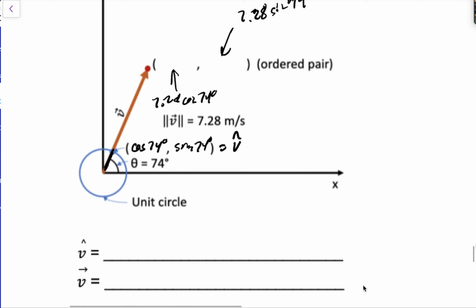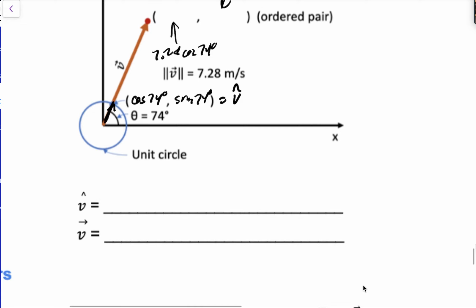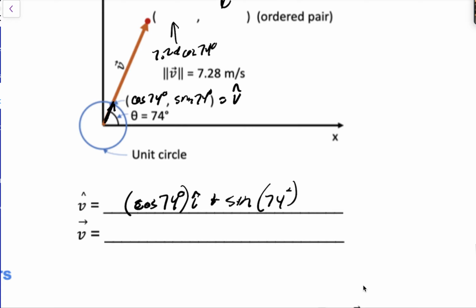Cool. Straightforward. Oh, we can have that here. So we can write that here. Cosine of 74 degrees and sine. Let's use a different notation. I'm going to say that this is cosine 74 degrees times i hat plus sine of 74 degrees times j hat.